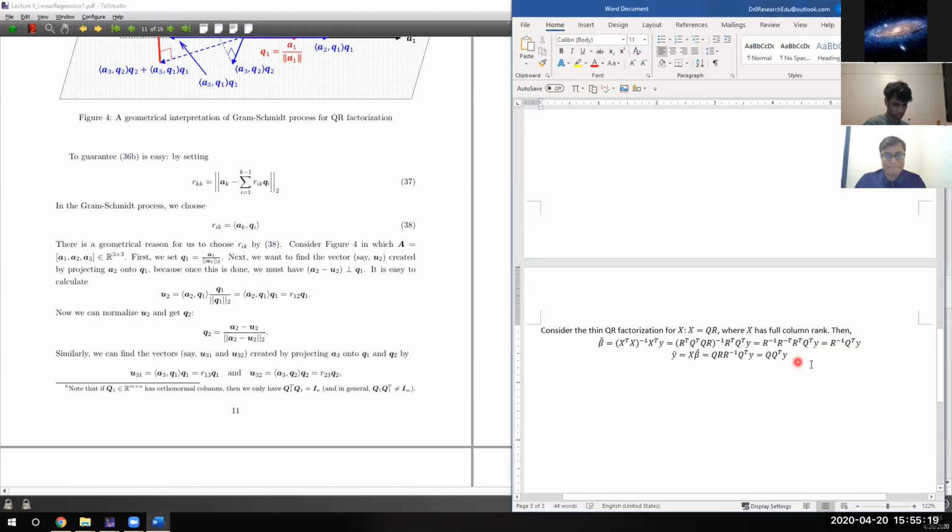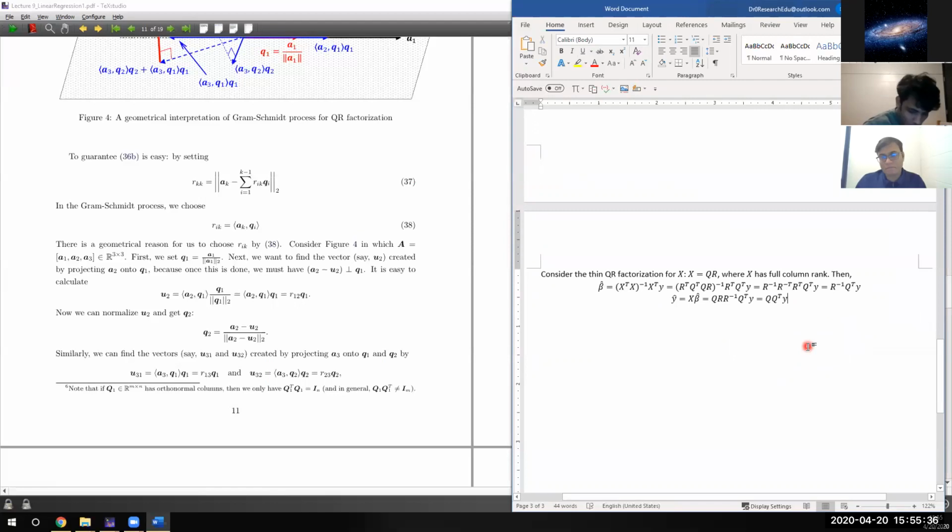And then let's continue. Here I have Q^T y, and indeed I need R inverse Q^T y, and I get this. And for calculating y hat, I don't even need this R. Get the point? Everything after the calculation is going to be much easier.